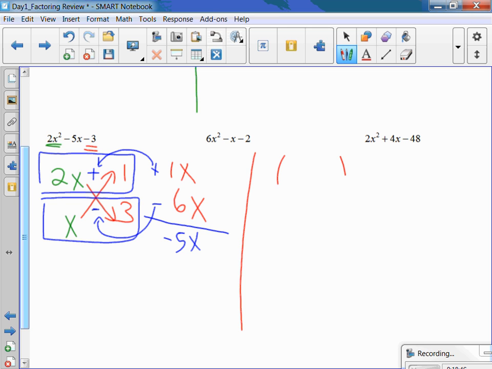The first one I can't really decide. It's factors of 6x squared, which can be what? 2x and 3x, or 1x and 6x. So there you have a choice, right? What about the last term? Do I have a choice there? No. We know it's a 2 and a 1. I don't know which one is positive and which one is negative, right?